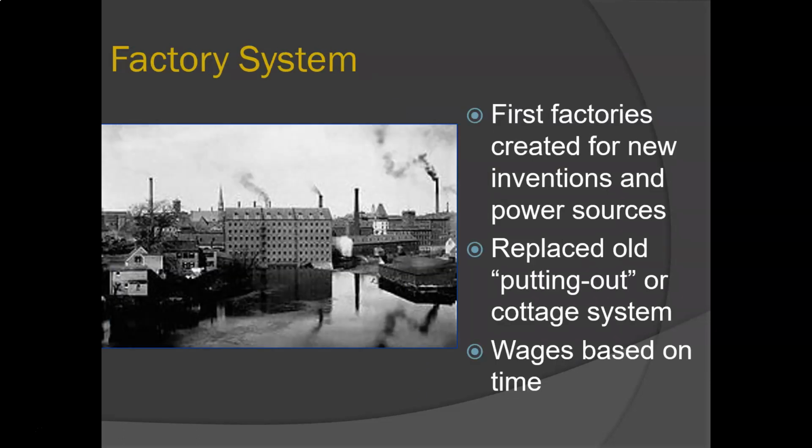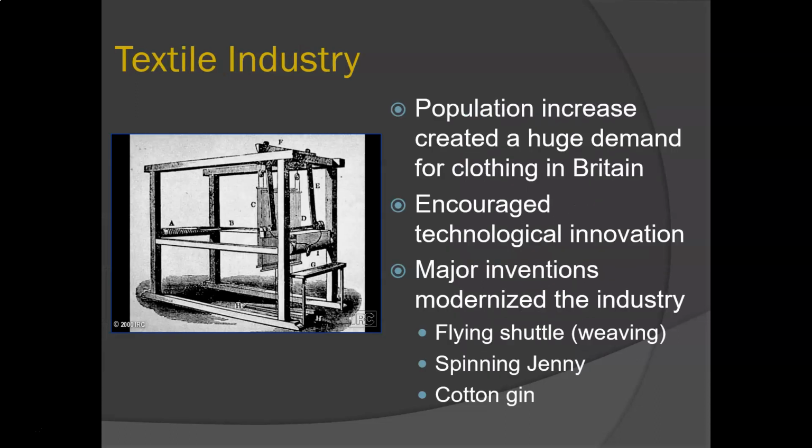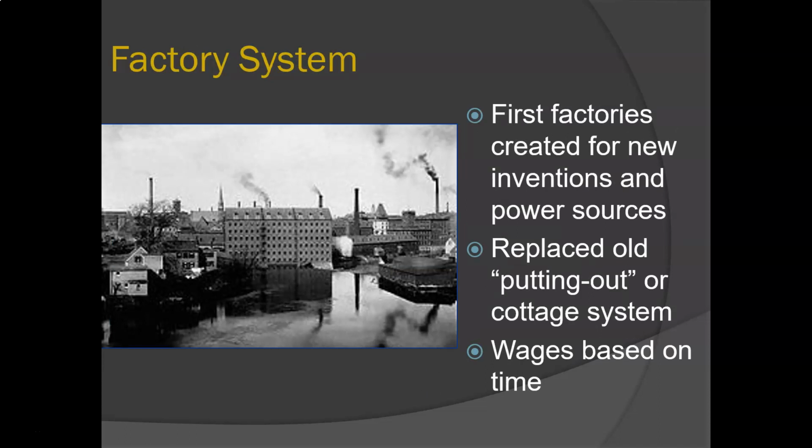The first factories were created in, let's say, the 1700s, early 1800s, with the idea of putting those technical innovations, the spinning jenny, the flying shuttle, in them, and maybe not having them cranked by human beings, but turned by or fueled by a water mill or a water wheel, or eventually, as I said, a steam engine.